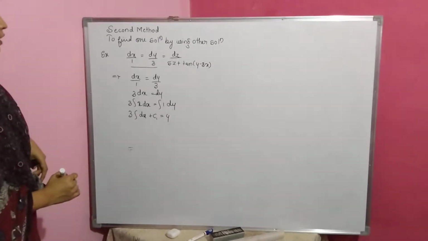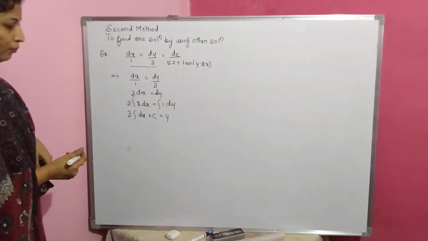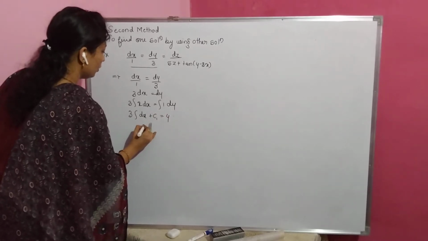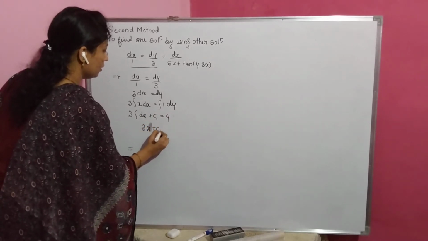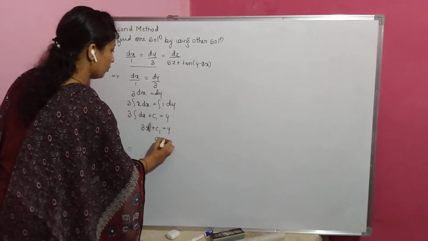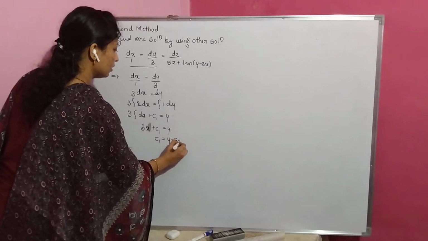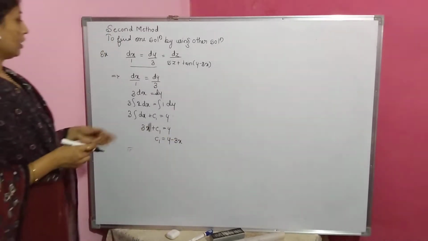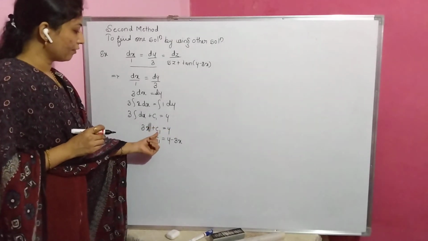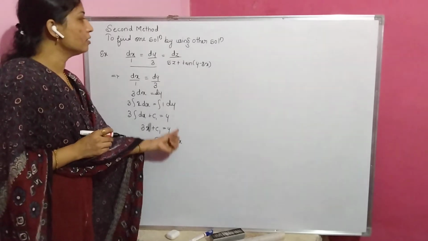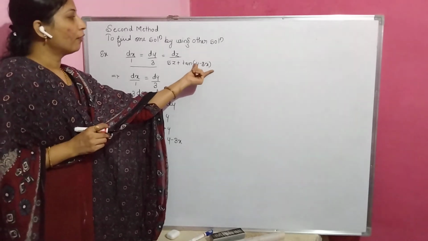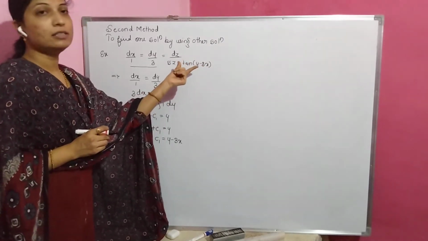So we get 3 into x plus c1 is equal to y, that is 3x plus c1 is equal to y, and this c1 can be written as c1 is equal to y minus 3x. In the last term we have tan of (y minus 3x). We can substitute this y minus 3x as c1.